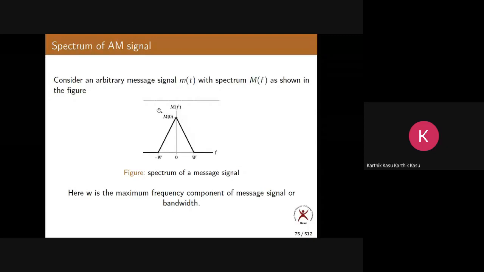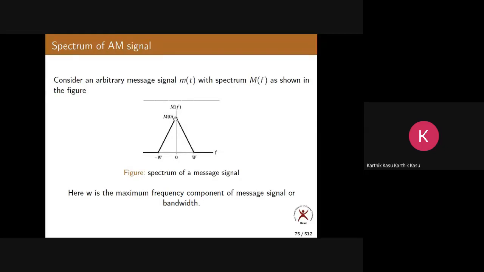It can be any spectrum, but for the time being, I'm assuming that my spectrum is like this. It is a triangle spectrum. This spectrum is symmetric about the zero axis, the y-axis. You can assume like that.